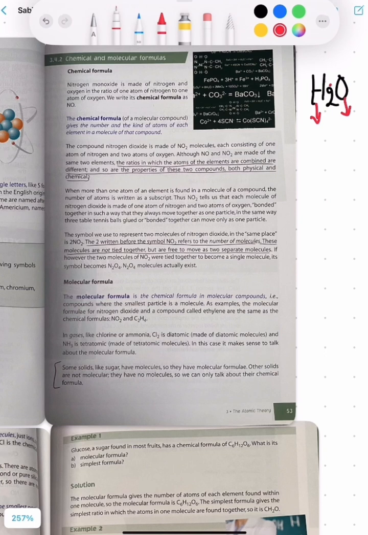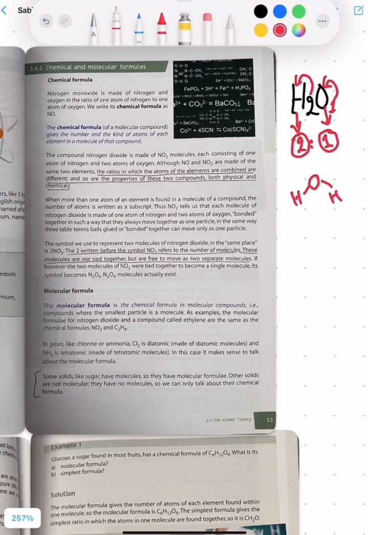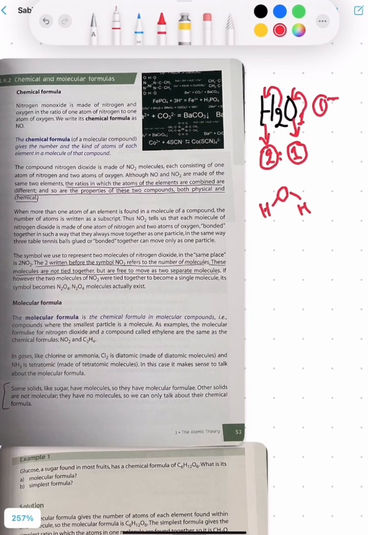And look, 2 hydrogen atoms and only 1 oxygen, so the numbers as well. And also the ratio is 2 to 1. So for 2 hydrogen atoms we have 1 oxygen atom bonded to it. Generally it tells us number 1 the type of element, number 2 the number of atoms, and number 3 the ratio.